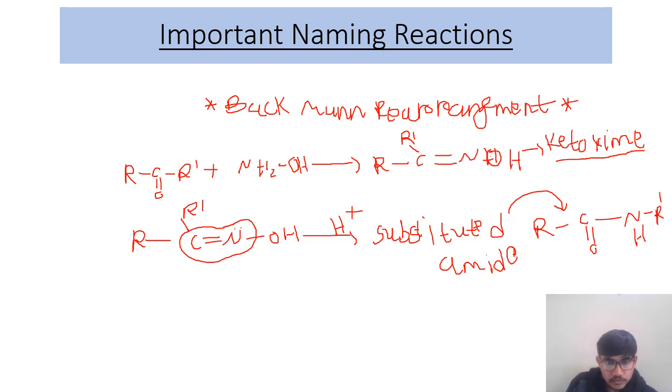The group which is anti to the OH will rearrange, because the rearrangement takes place in this step.